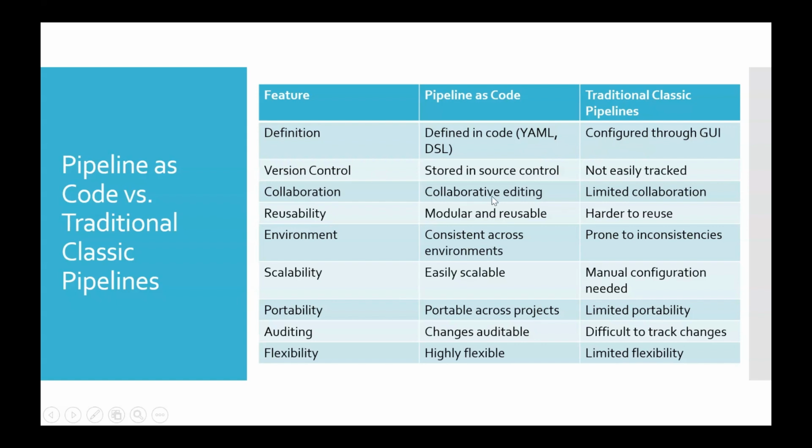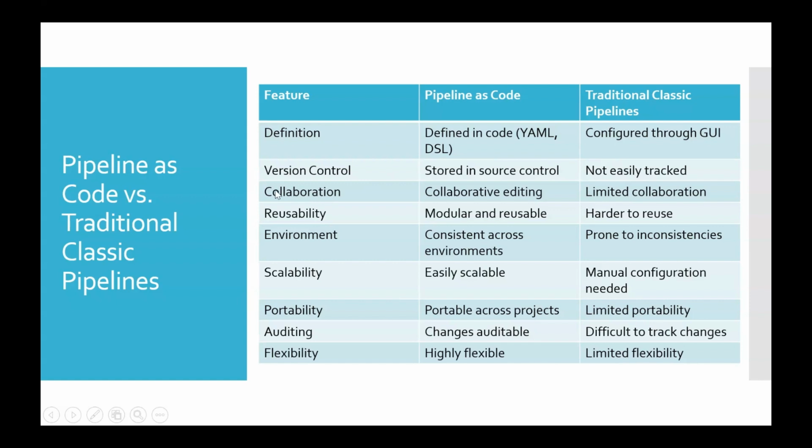For version control, we can store our pipeline in source control. But traditional classic pipelines we cannot, because these are configured in the GUI and you just get one GUI interface to change your classic pipelines.